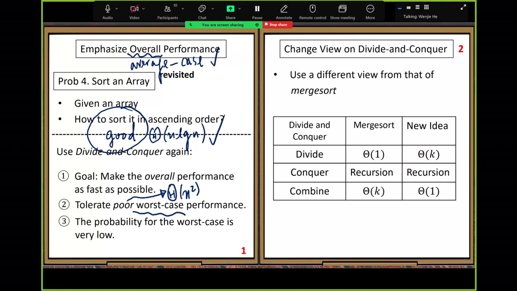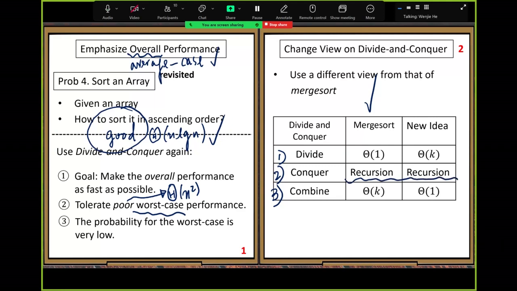This column lists the merge sort way of using divide and conquer. For divide and conquer, there are 3 steps. Step 1, divide step. Step 2, conquer step. Step 3, combine step. And for the conquer step, usually we use recursion.